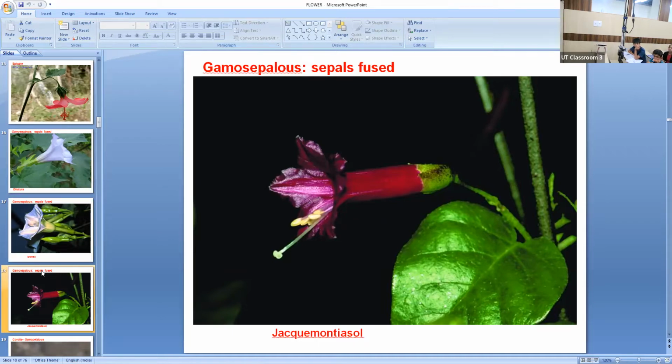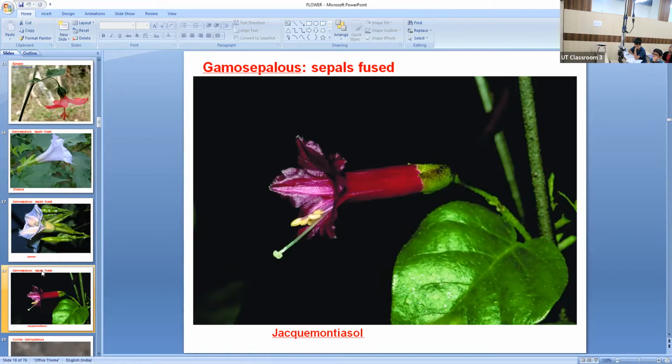If they spread out and are separate, we term them polysepalous. What is the meaning of poly? Poly means sepals are separate. Gamosepalous means sepals are fused.